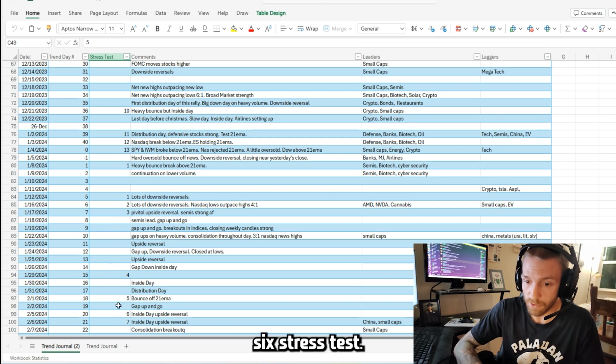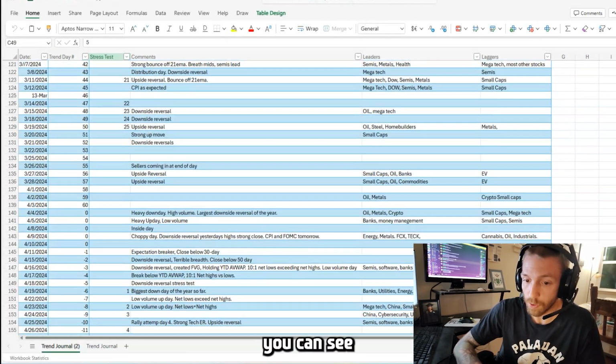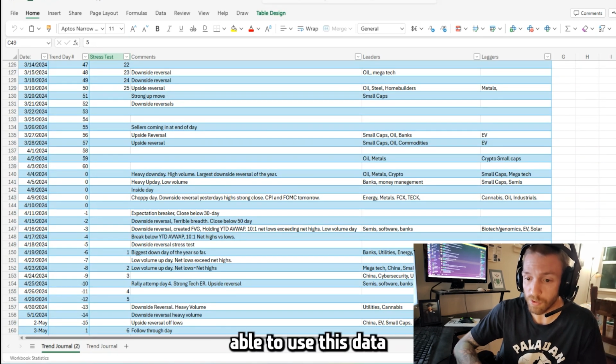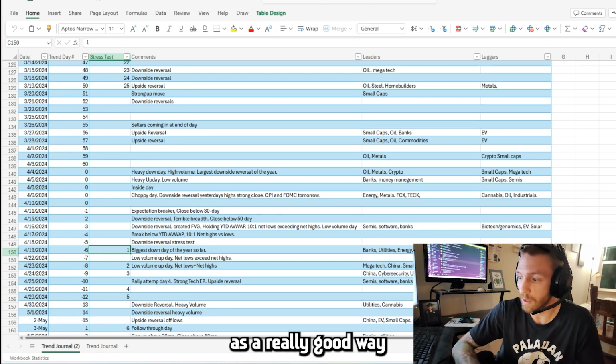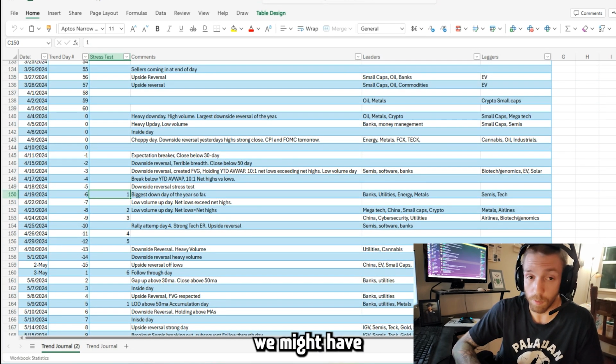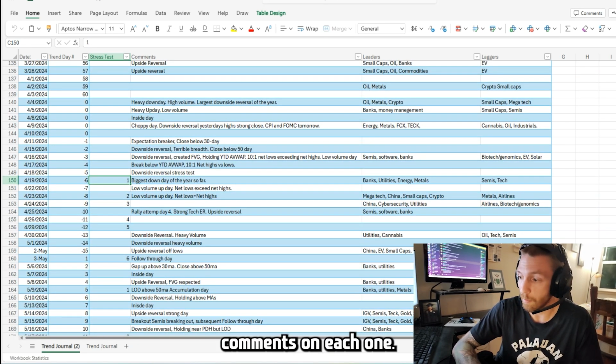Day 5, 6, stress test. And so you can see that we're able to use this data as a really good way to understand, hey, we might have a pullback today. We might have a consolidation today. I have different comments on each one.